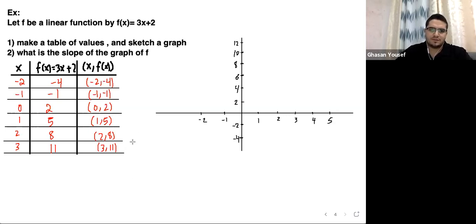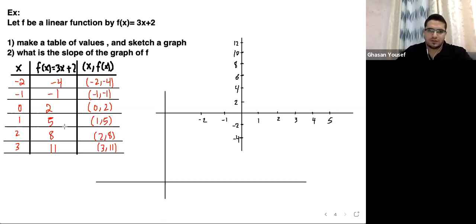So the first point is 0 and 2. Here is the 0, and here is the 2. This is the first point. The second point is 1 and 5.